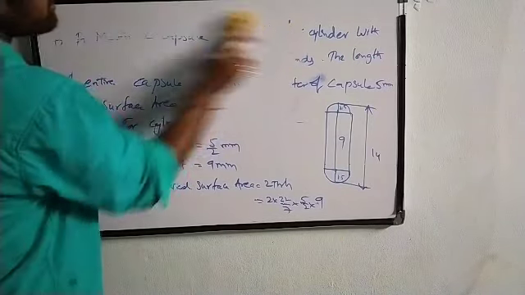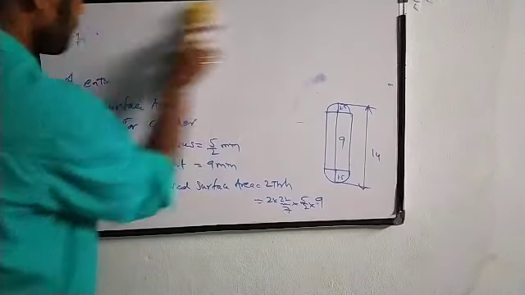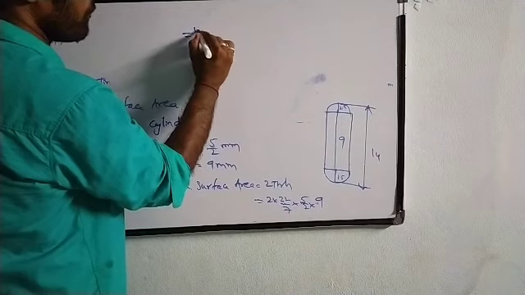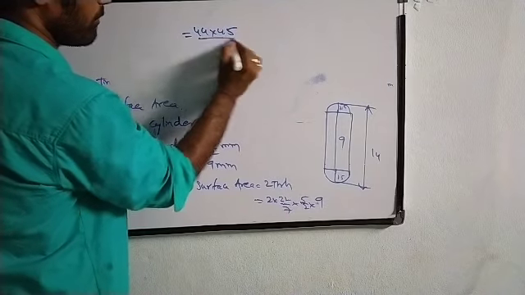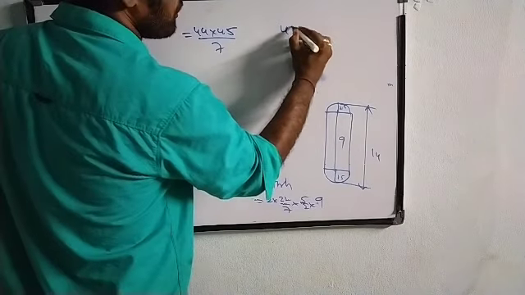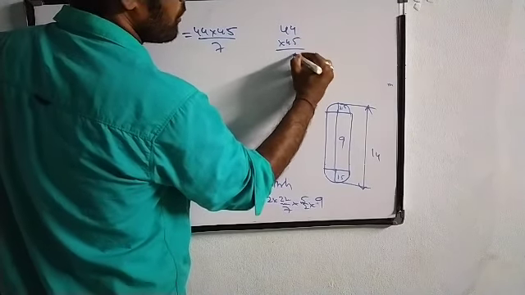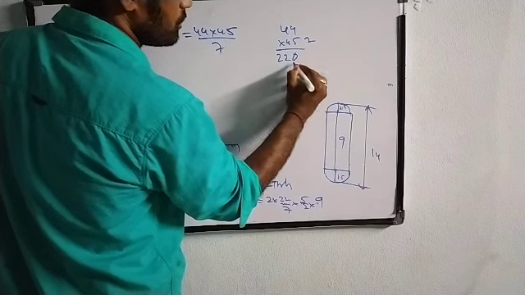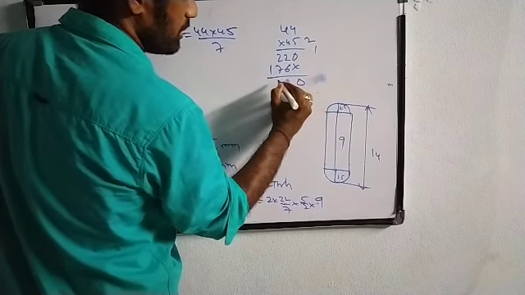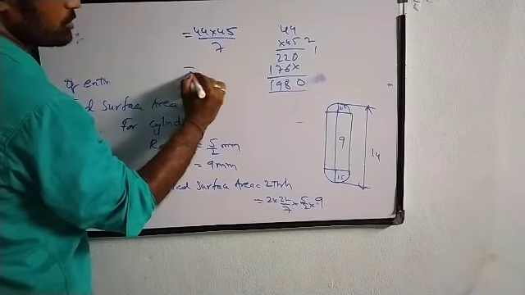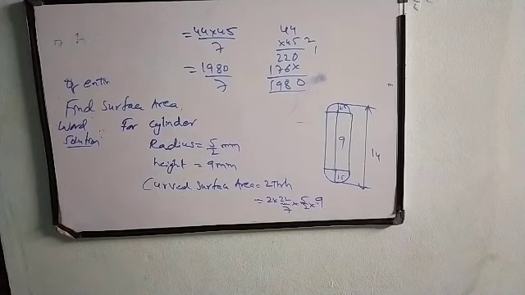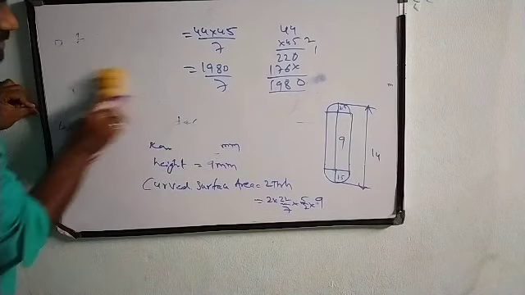Let us multiply this, which is 44 into 45/7, which gives 1980/7. So this is about the cylinder.